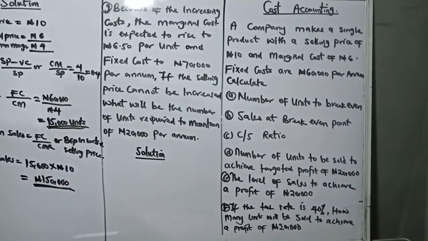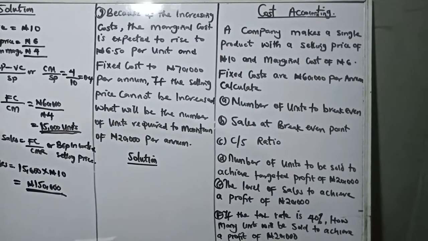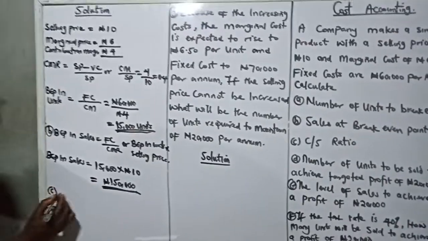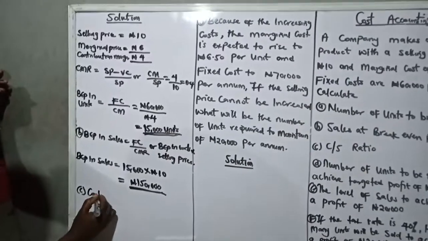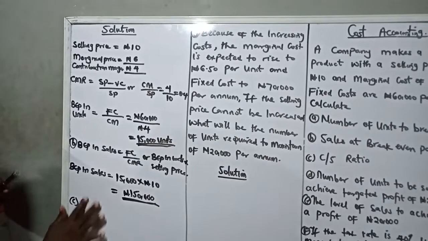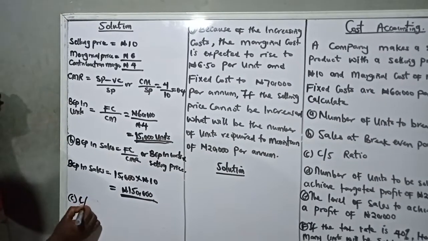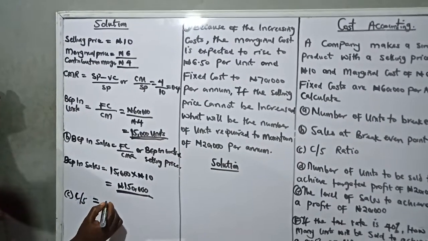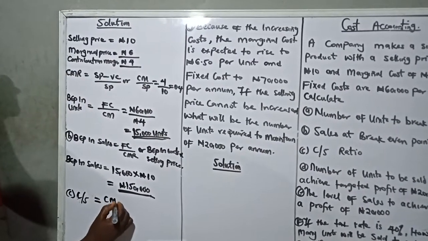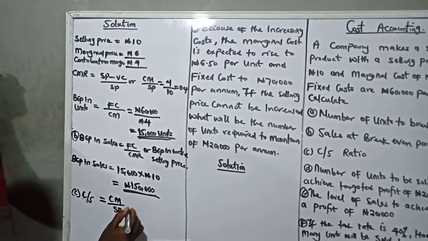Then what is the C part? The CS ratio, that means contribution to sales ratio. Now the CS ratio, I've done it, it's on the board, which is CM divided by SP.